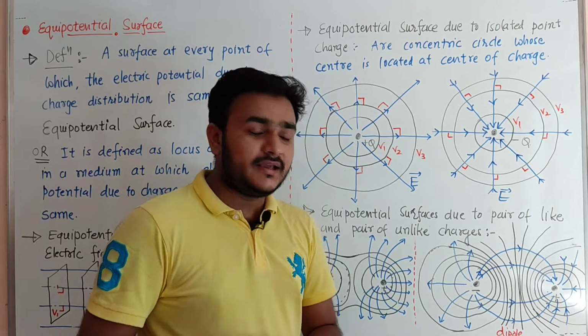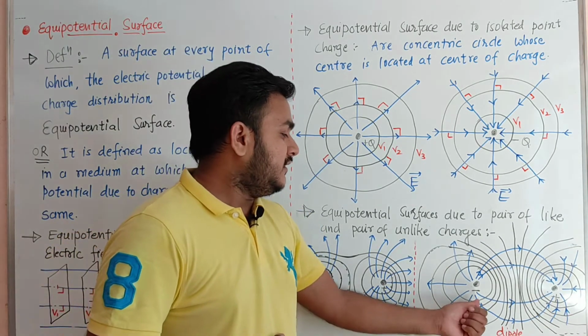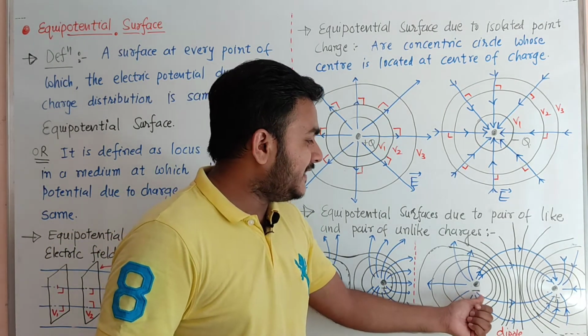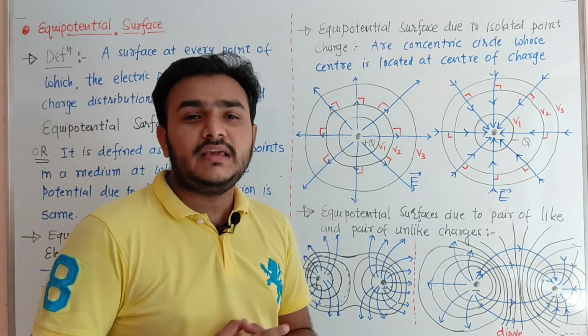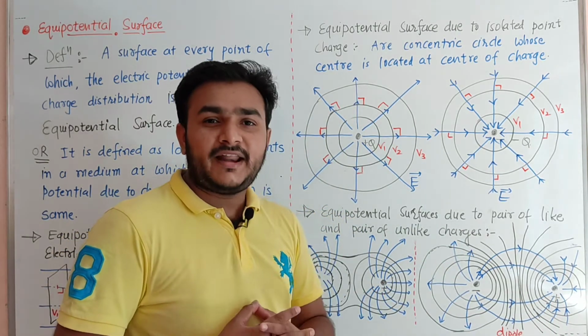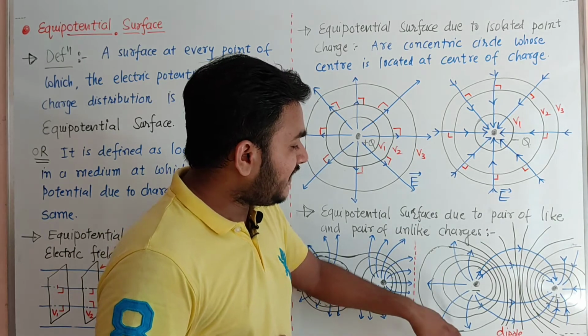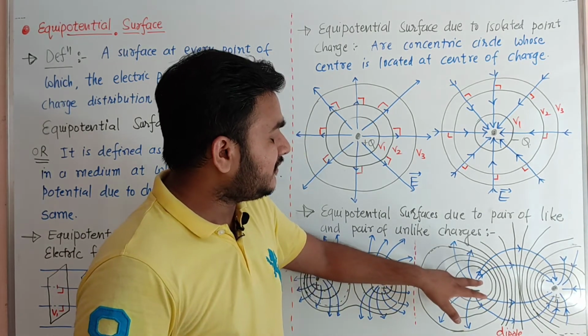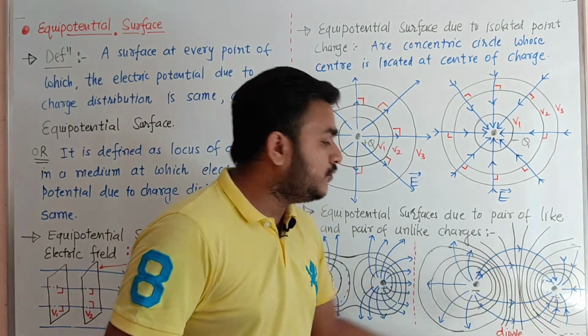Now for the dipole case, there is a negative charge and a positive charge of equal amount, so they attract each other, and due to this attraction the electric field lines are drawn with the blue marker.